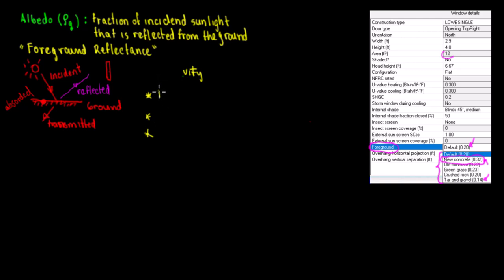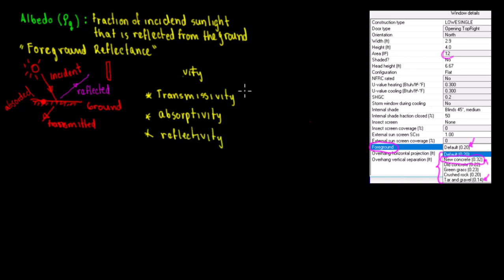The first is transmissivity, the solar heat gain coefficient and VT. That's why it's the family of the VTs. The other one is going to be absorptivity, and the other one is going to be the reflectivity.